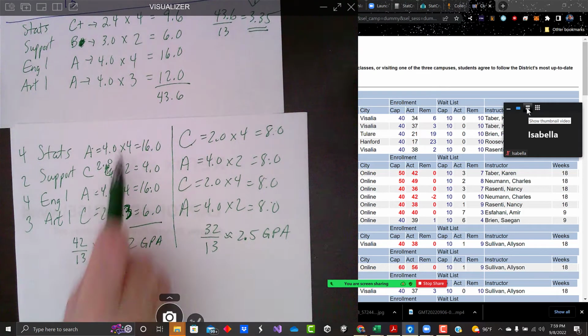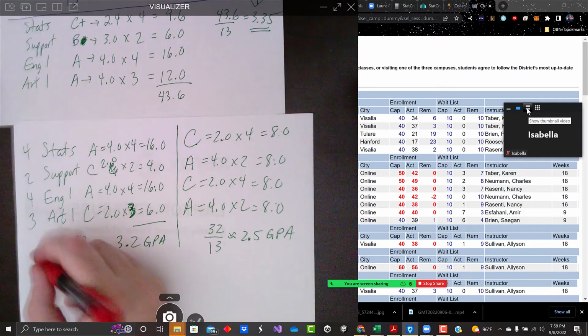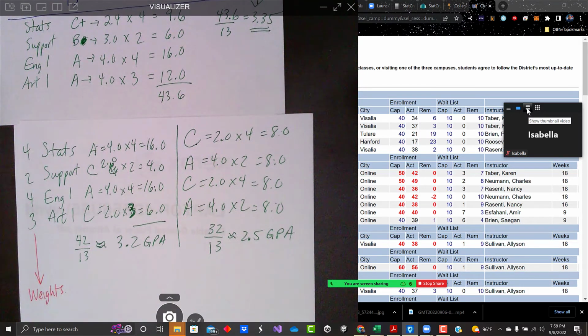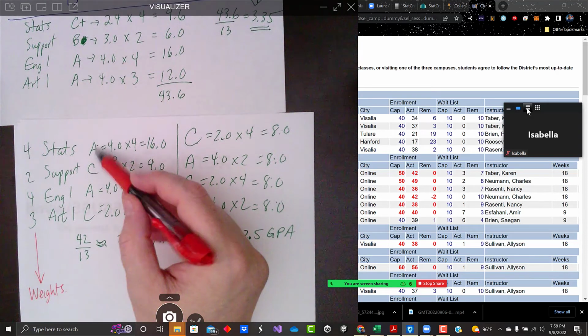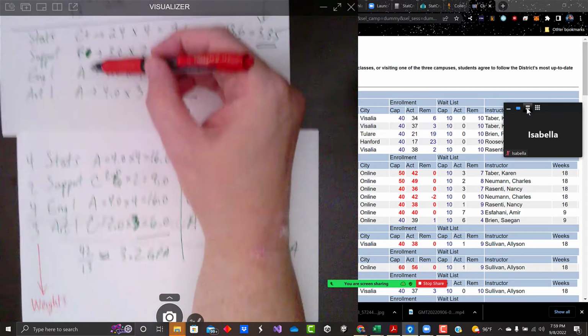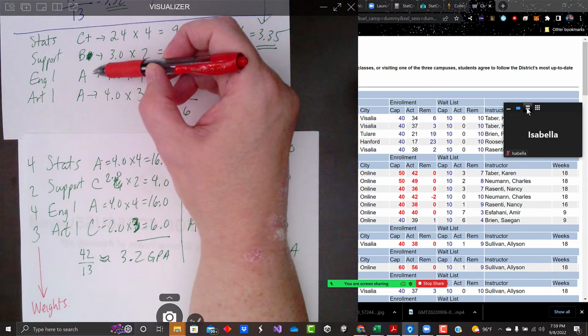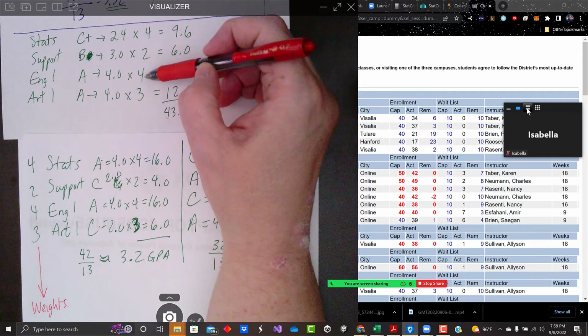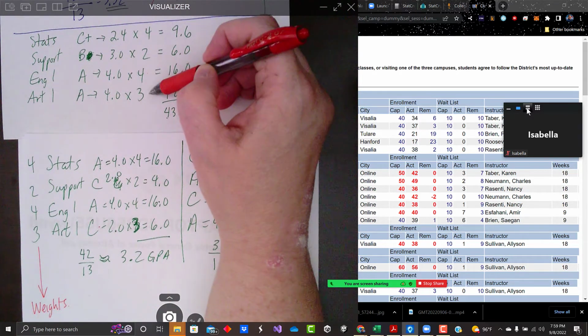So these are called the weights over here, because each grade is not worth an equal value. An A in English is worth more to your GPA than an A in art in the long run because it's got 4 units rather than 3 units.